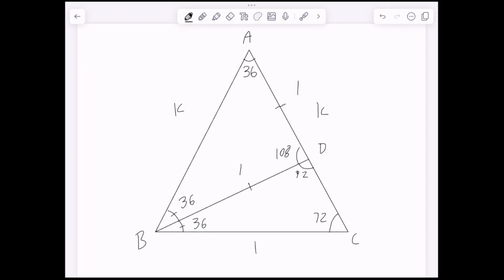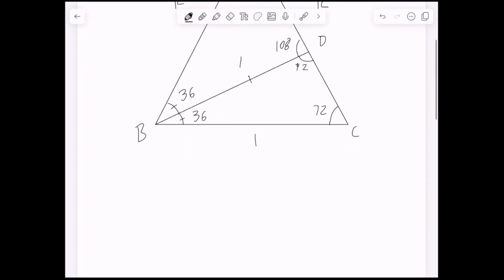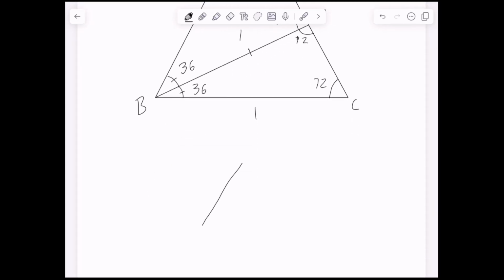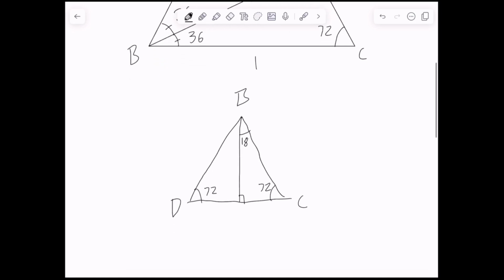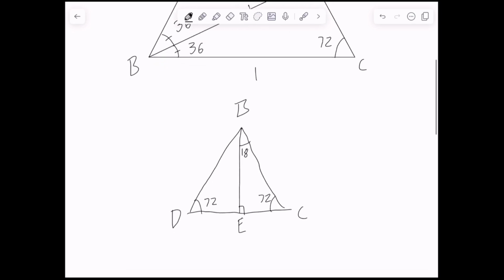Now to find the length of segment DC, we can put triangle BDC off to the side to make it easier, where angles D and C both equal 72 degrees. We can then create two right triangles, each with an 18-degree angle, and use trig to solve for EC.